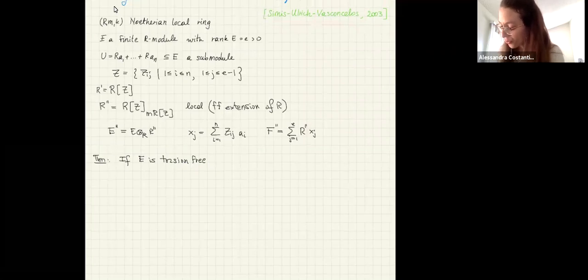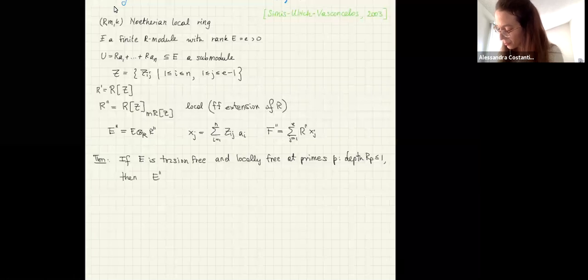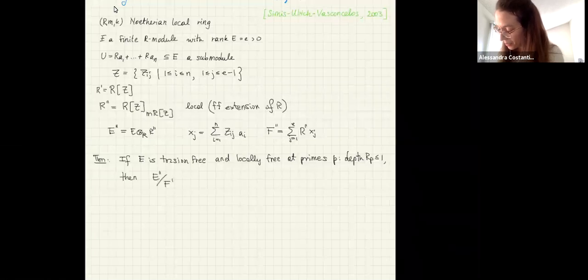If E is torsion free and locally free at primes P, so that the depth of R_P is at most 1, then E double prime mod F double prime is isomorphic to an ideal I in R double prime.